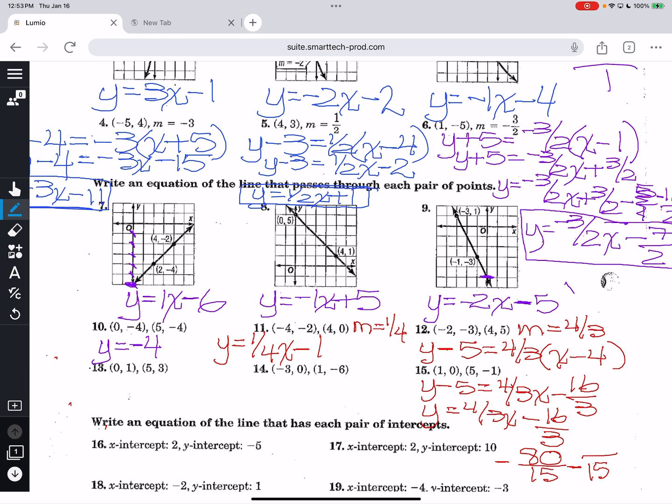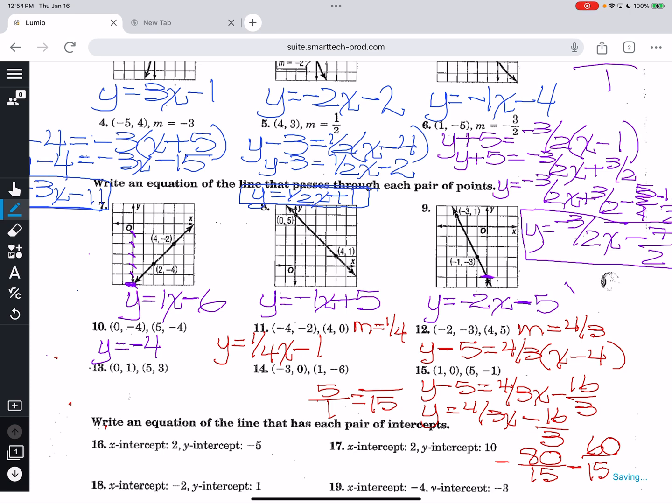If we have 5 over 1, and I need my denominator to be 15, what do I multiply the 5 by? 15. So multiply the 5 by 15, 75 over 15.